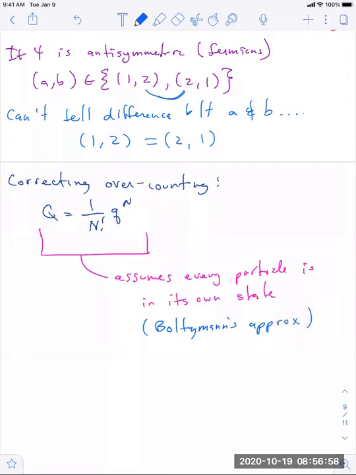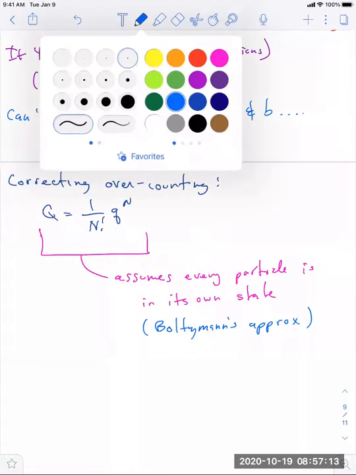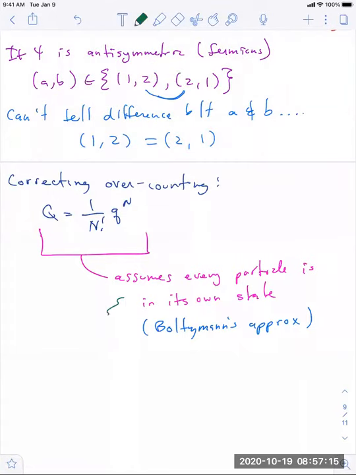And when we think about when Boltzmann's approximation is valid, we're in a quote unquote classical regime, or we're applying classical mechanics. So this approximation holds as long as the number of states available is much greater than the number of particles.